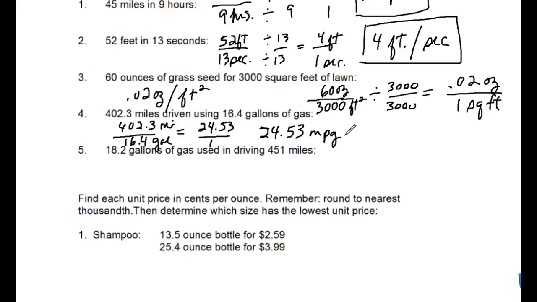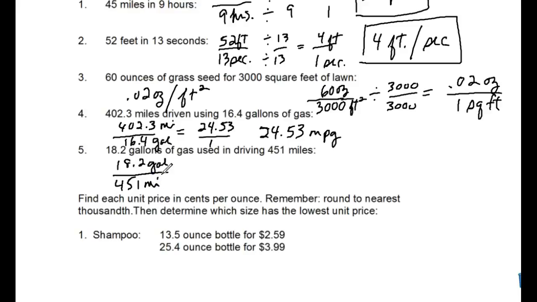Number 5, we have gallons of gas, and we're going to find out how many gallons of gas you use for 1 mile. That's kind of an unusual rate, isn't it? We have 18.2 gallons of gas used. So 18.2 gallons, and we have 451 miles.